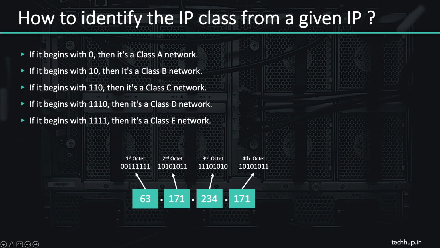Once you have derived the 8 bits of the first octet, you can determine the class by looking at the starting bits. For example, if it starts with a 0, you can easily determine that this IP is a Class A IP. Similarly, if it starts with 10, then you can determine that it's Class B and so on. So this is the simplest way by which you can identify which class an IP belongs to.